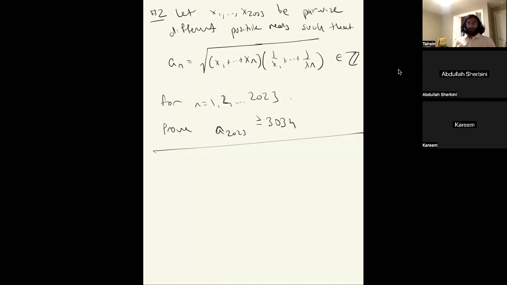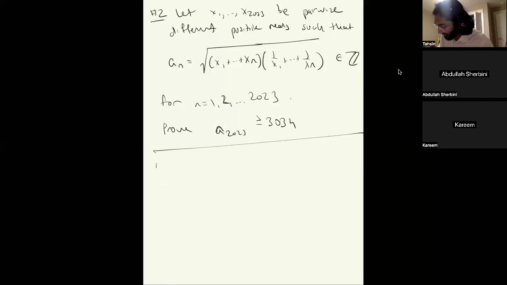If the sequence is increasing, it should increase by at least one each time.